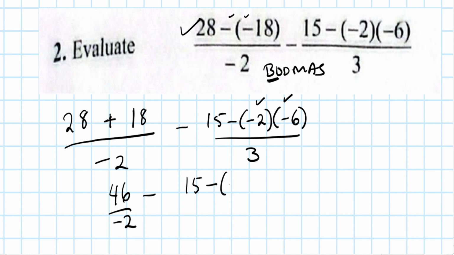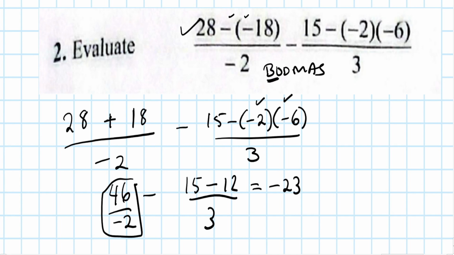But remember there's a minus before that, so minus 12 over 3. Now 46 divided by negative 2 will give you negative 23, and 15 minus 12 will give you 3 divided by 3, which is 1. Minus 23 minus 1 would give you minus 24, and that is your answer.